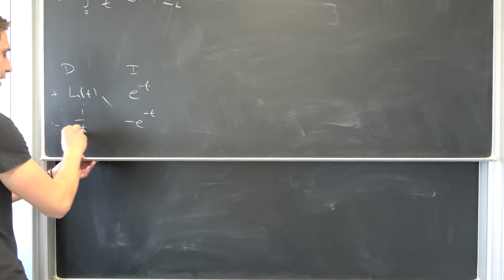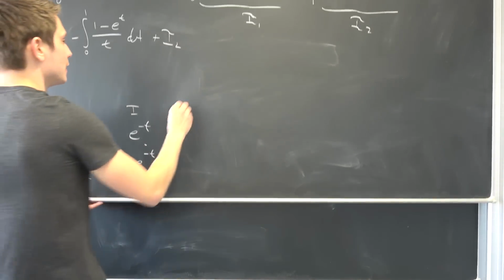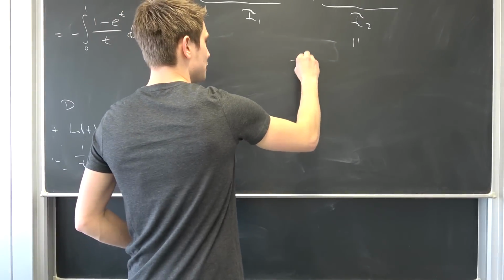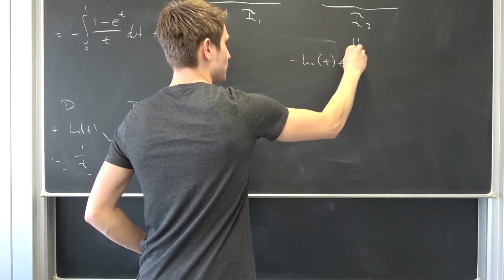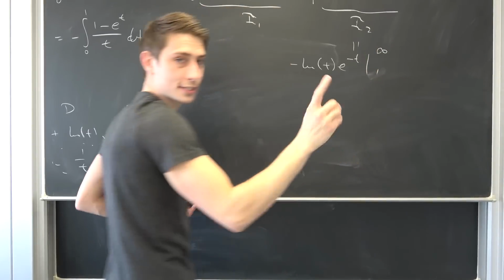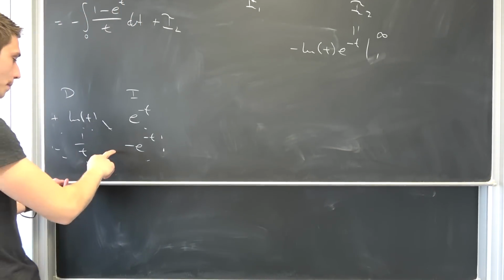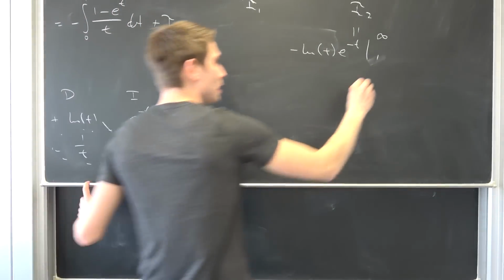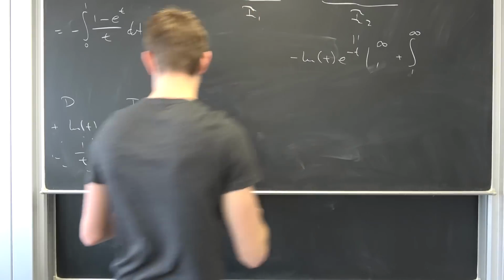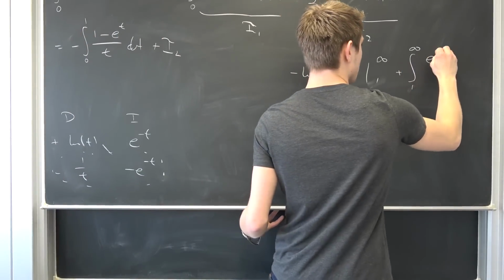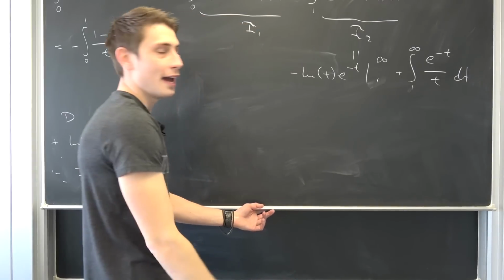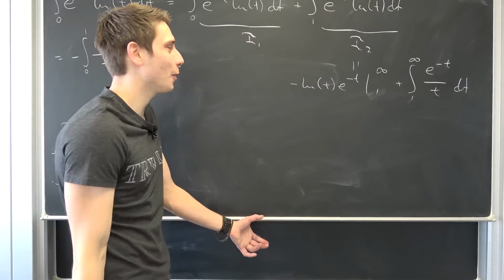Multiplying this together, then taking the integral of this thing is going to give us for I2 nothing but negative natural log of t e to the negative t from 1 to infinity, this time 1 to infinity, I'm terribly sorry. Minus and minus becomes positive, plus the integral from 1 to infinity of e to the negative t over t integrated with respect to t. And no problems here at all.